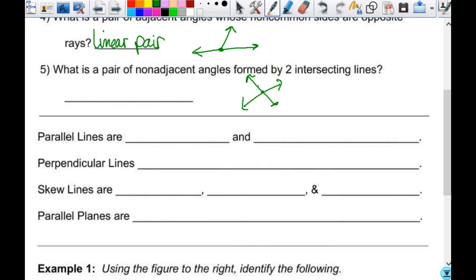So when you see the angles, what are these called? They make a V. Okay, look at your notes. Vertical angles. Okay, good. Vertical angles.